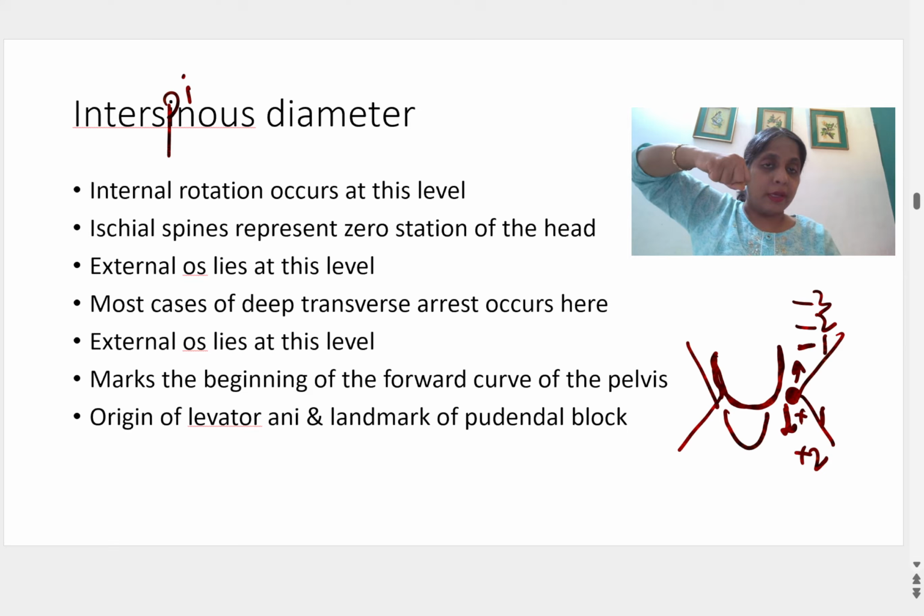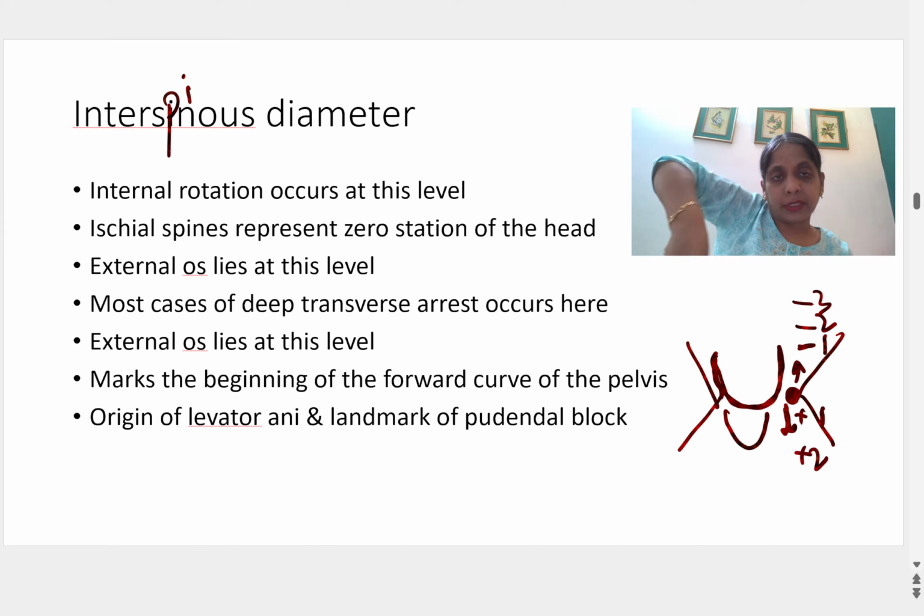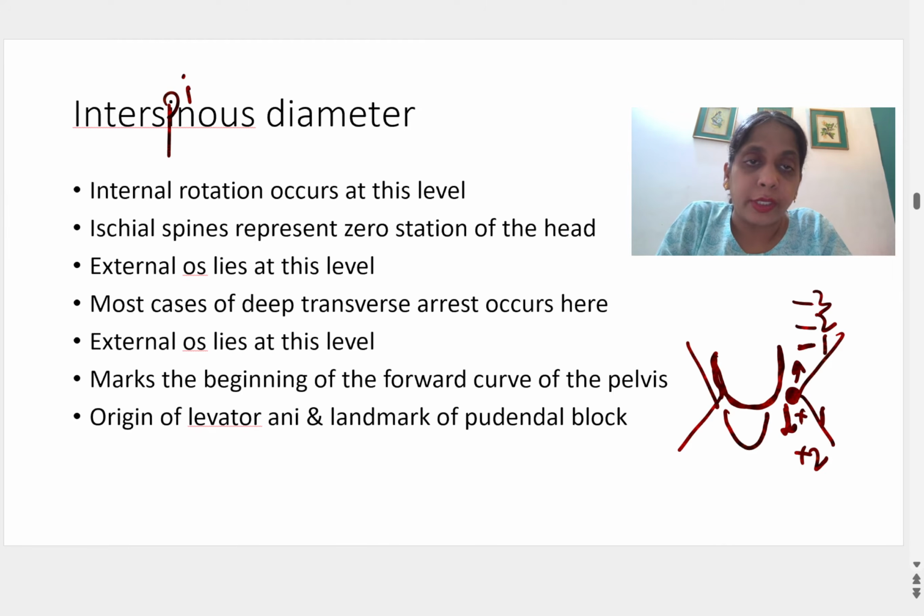First the fetus goes downward, then has internal rotation, and then comes forward. So it marks the beginning of the forward curve. In the starting, I told you that internal rotation occurs here, because here the levator ani, the main muscle, originates, and this is the landmark for the pudendal block.